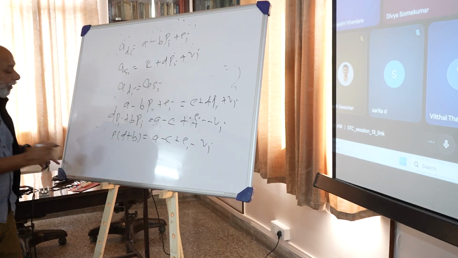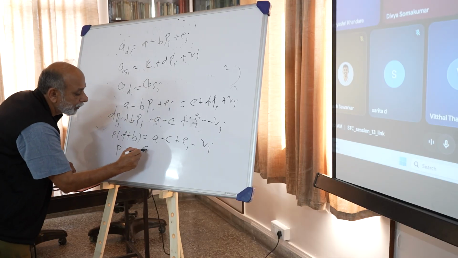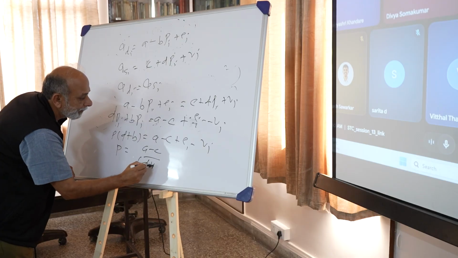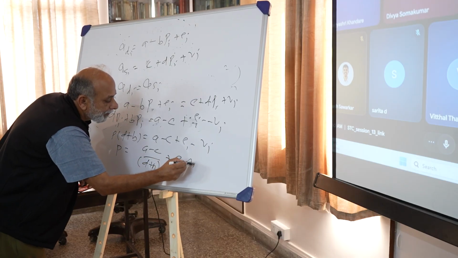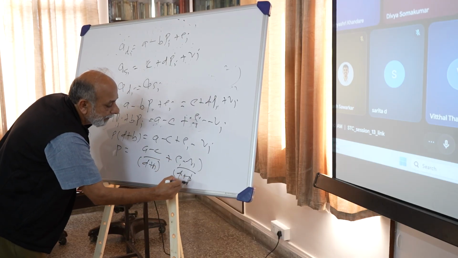So I get (B plus D) P is equal to A minus C plus EI minus VI. Or I get P is equal to (A minus C) upon (D plus B) plus (EI minus VI) upon (D plus B).